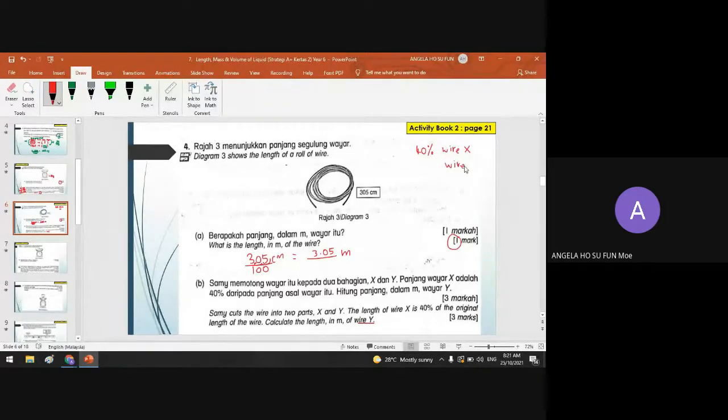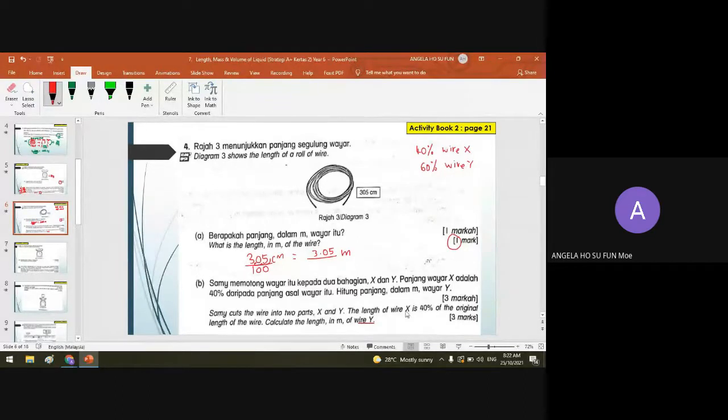Tell me, wire Y, how many percent here? 60%. Very good, 60%, because you add up, you get 100%. That is the original length of the wire. So if you want to find the length of wire Y, you are not using 40% to look for the answer. You are using 60% because 60% is wire Y.